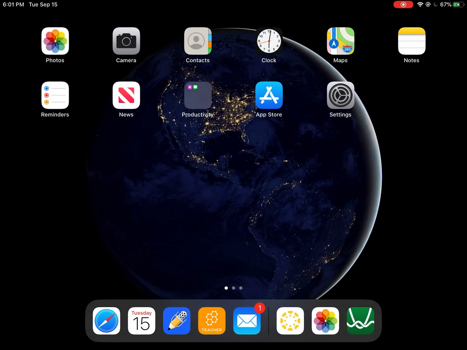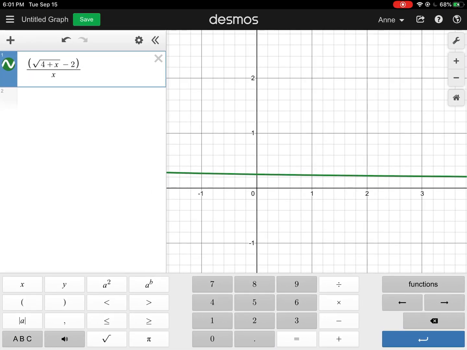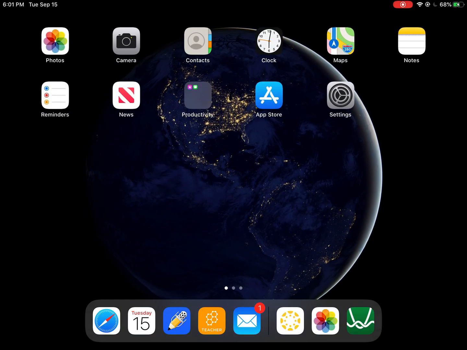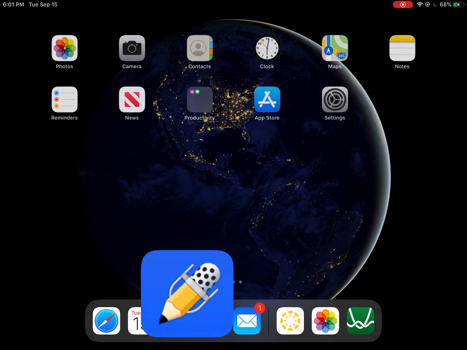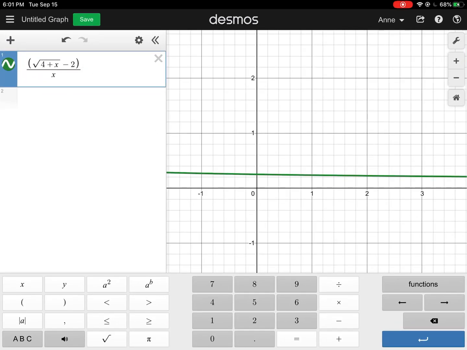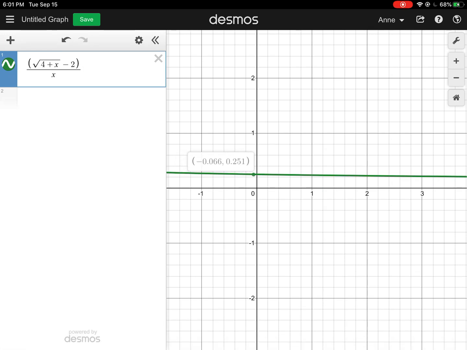Nope, this should be minus x, shouldn't it? I feel like I typed that in wrong. Oops, let's go back to the notes. The notes said 4 plus x minus 2 over x. Oh, as I'm getting closer and closer to 0, that's what I wanted.